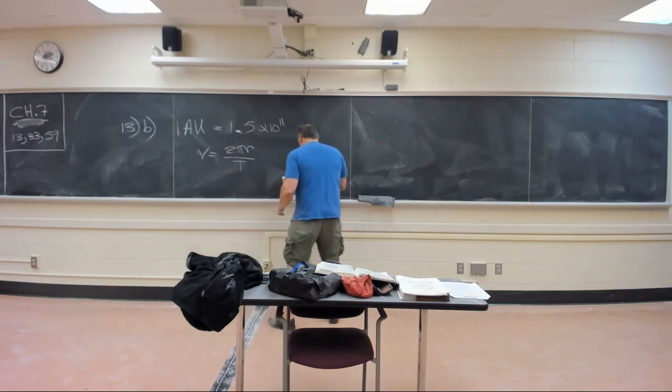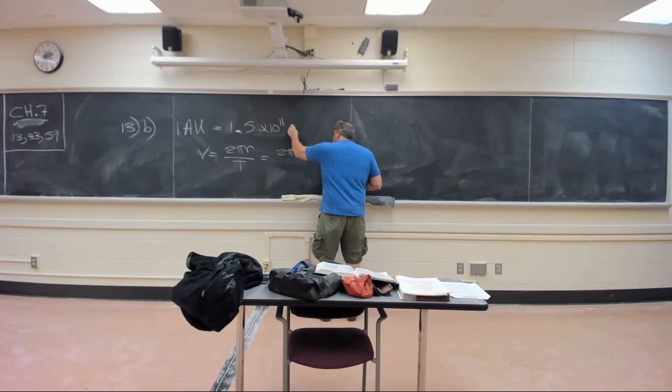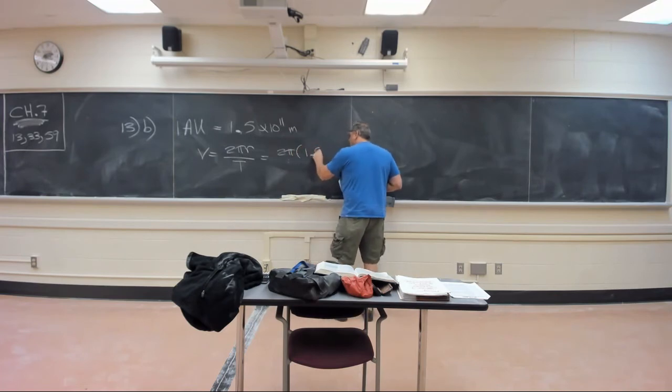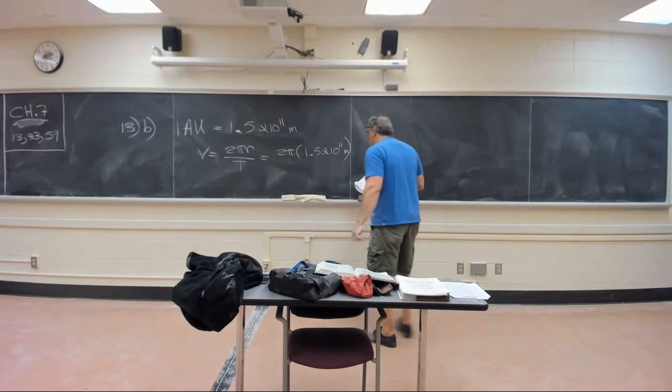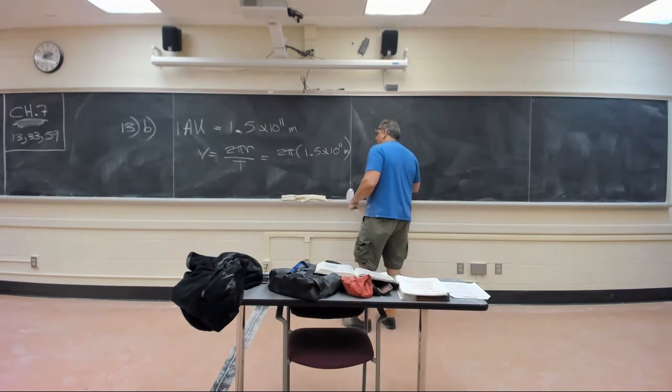Here we go. 2 pi is 2 pi. That's meters. Now, let's see exactly what we're trying to do here. Are we comparing this to Earth? Yeah, okay, whatever. We can and cannot, it doesn't matter.